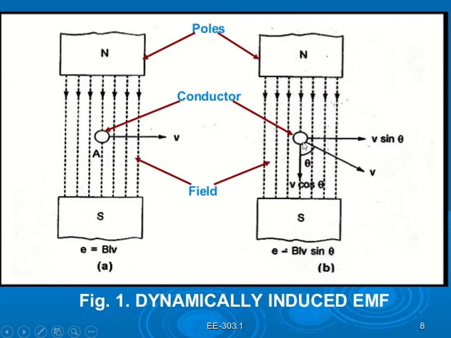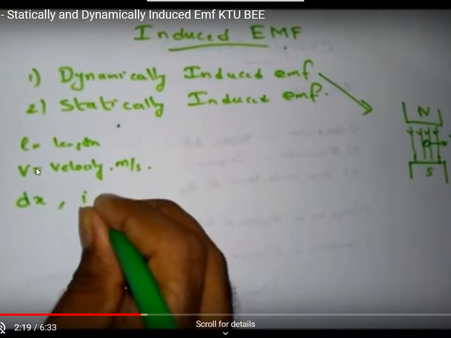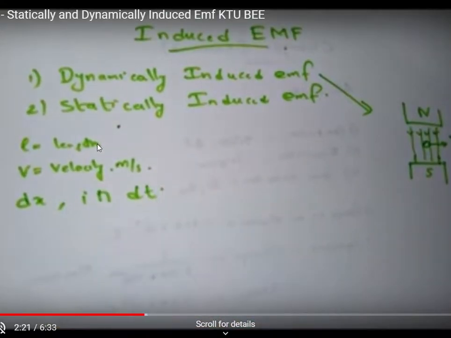This v can be resolved into two components: v cos theta, which is perpendicular to the direction of the magnetic field, and v sin theta, which is parallel to the magnetic field. Let L be the length of the conductor. We are discussing dynamically induced EMF with a north pole and south pole.